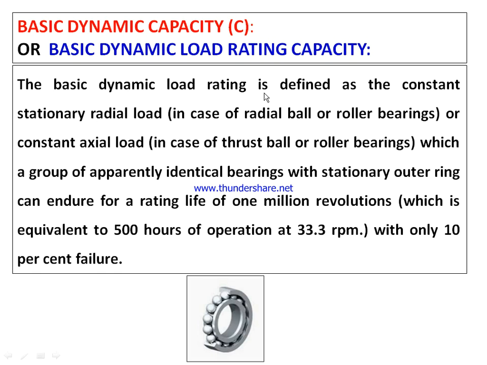The basic dynamic load rating is defined as the constant stationary radial load in case of radial ball or roller bearings, or constant axial load in case of thrust ball or roller bearings, which a group of apparently identical bearings with the stationary outer ring, this is the outer ring which must be stationary, can endure for a rating life of 1 million revolutions, 10 to the power of 6 revolutions, which is approximately equivalent to operation of 500 hours at 33.3 rpm.